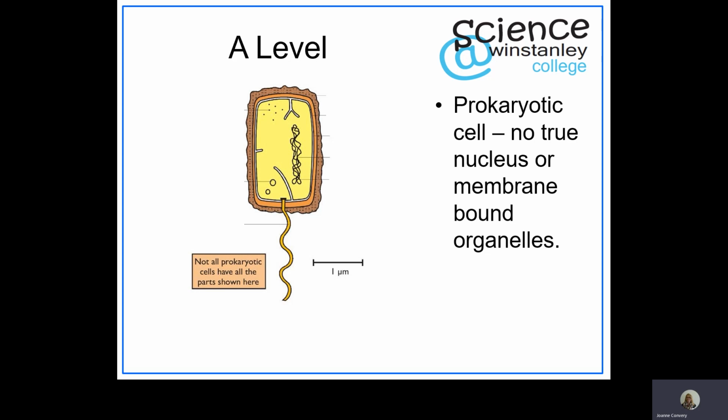It touched on this a little bit at GCSE, but what we're really focusing on here is that idea, no true nucleus or membrane-bound organelles. We've got a little diagram on the left that starts to show some of the structures similar to what we'll have seen at GCSE, but we're adding that little tiny bit of detail to it now.